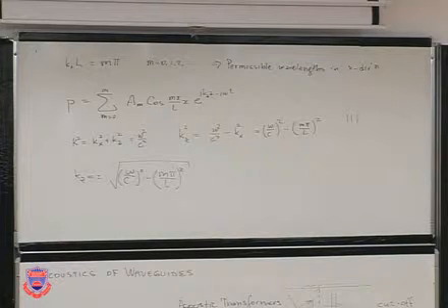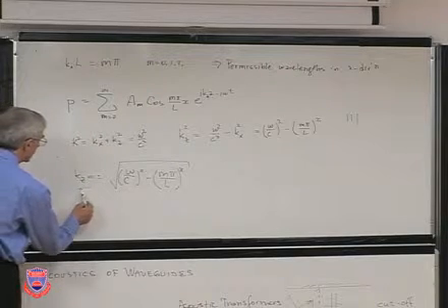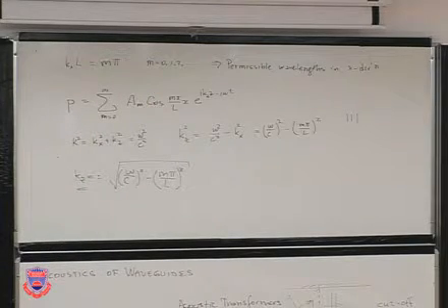Now, do you see something unusual about it? What does it say? Number one, what is Kz? What does it represent? Take a look at the equations. Come on.